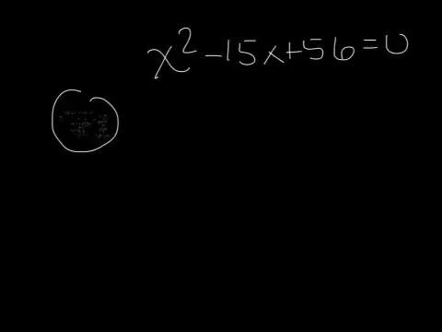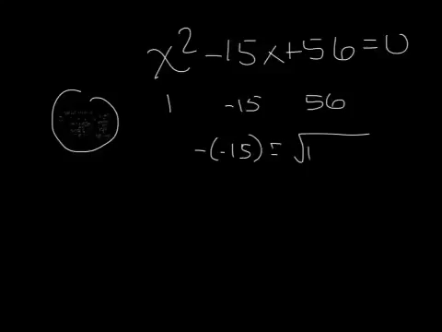Number 17 is x squared minus 15x plus 56 equals 0. So A is 1, B is negative 15, C is positive 56. And you end up with negative of negative 15 plus or minus the square root of negative 15 squared is going to be positive, so I don't actually have to write that negative anymore.